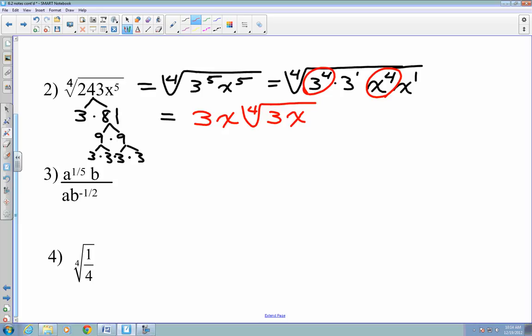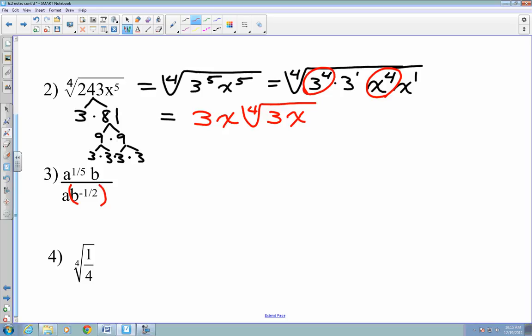With this one, we're going to look at your tests today when we get done. One of the things I noticed on your test is people are having trouble with those negative exponents. You can attack this one by simply subtracting your exponents and going from there. I'm going to deal with the negative just to help you get practice as to where things go.